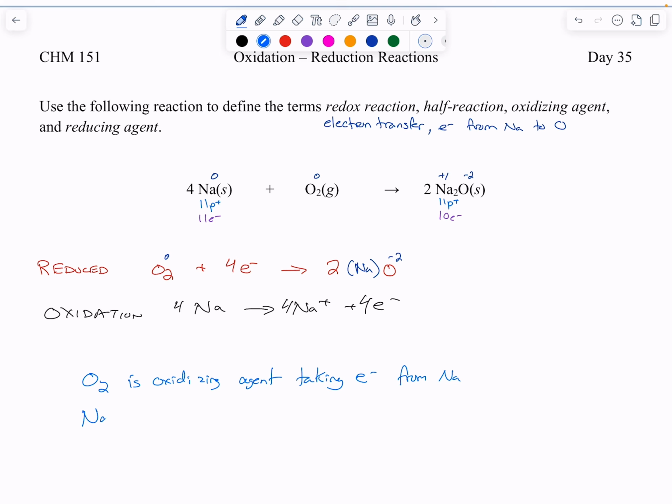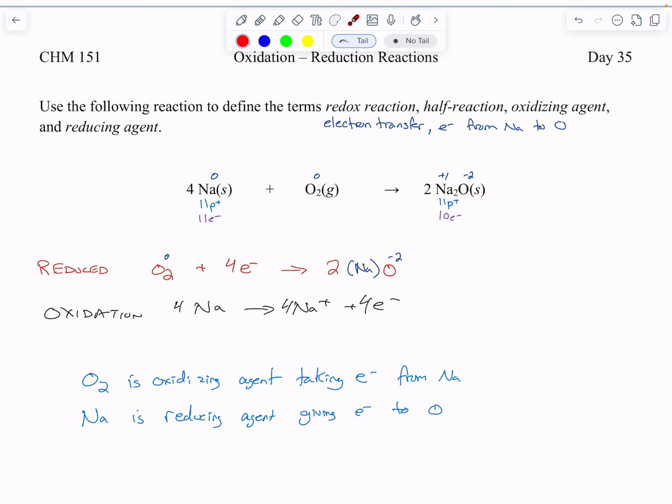And Na is the reducing agent, giving, not taking, giving, holy cow, giving electrons to O. All right, and so let's recap. Have 4 sodiums that give 4 electrons to oxygen, all right, to make sodium oxide.